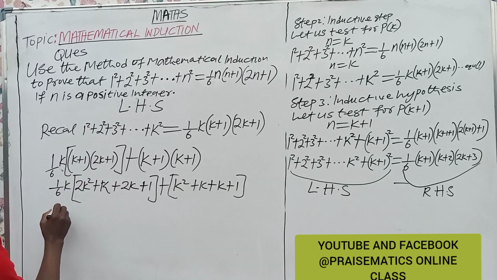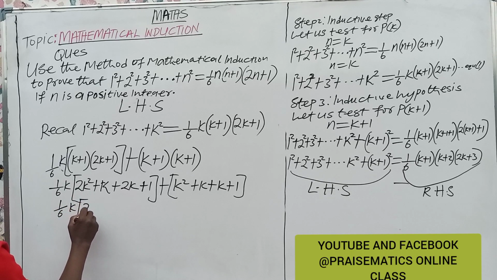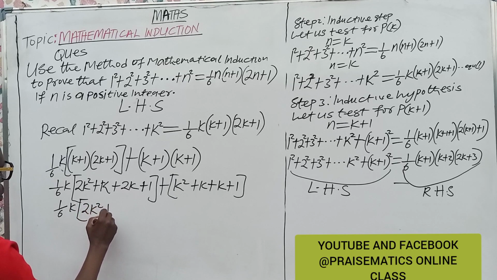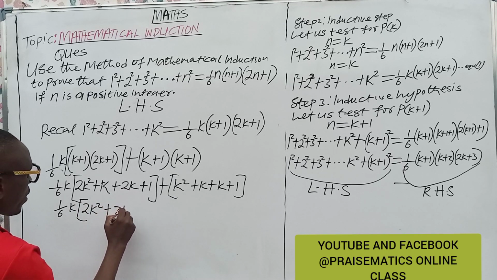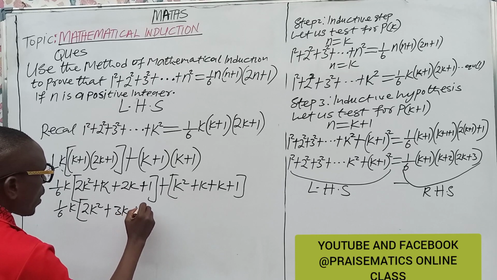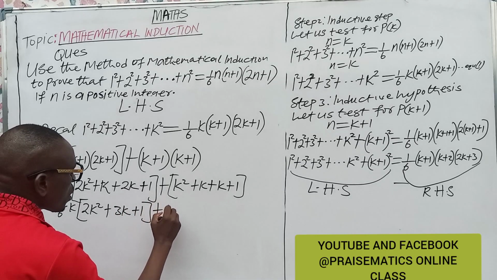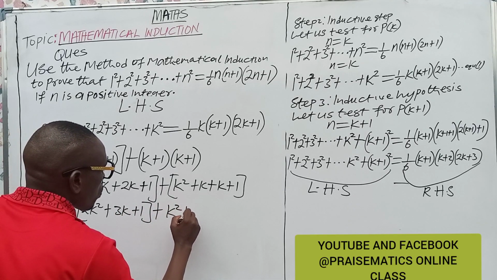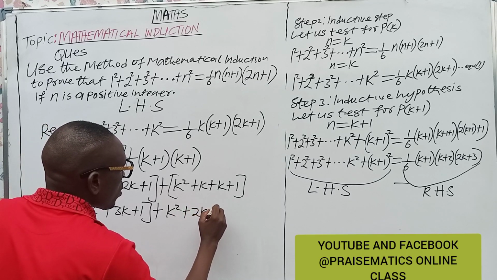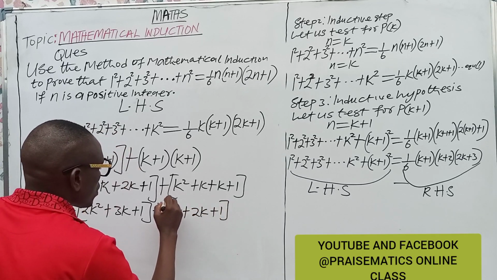Okay, now we have 1 over 6 into k, into this to this we have 2k squared plus 3k plus 1, close it, plus k squared plus 2k plus 1, close it.